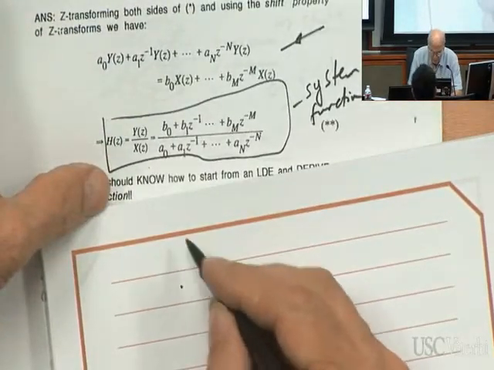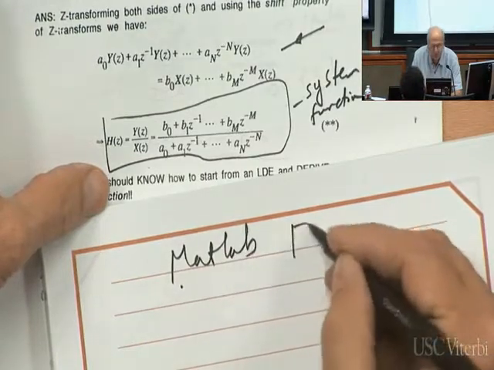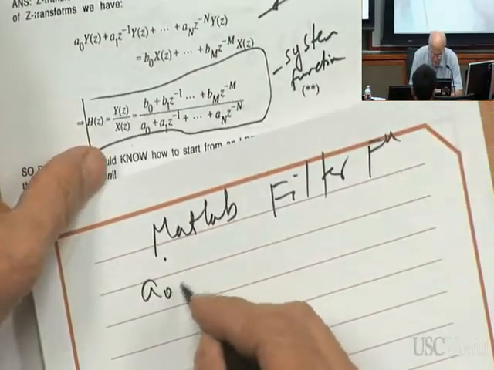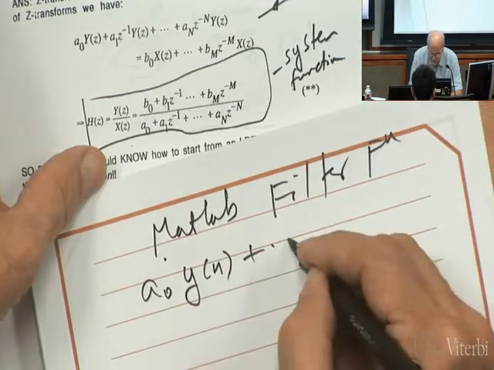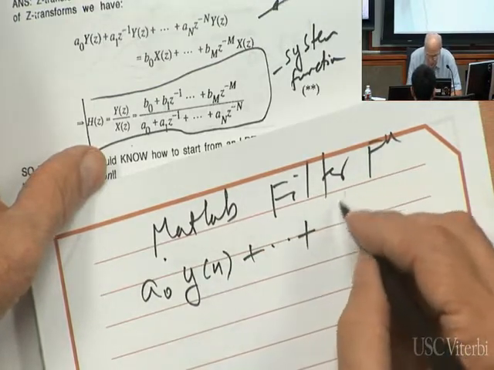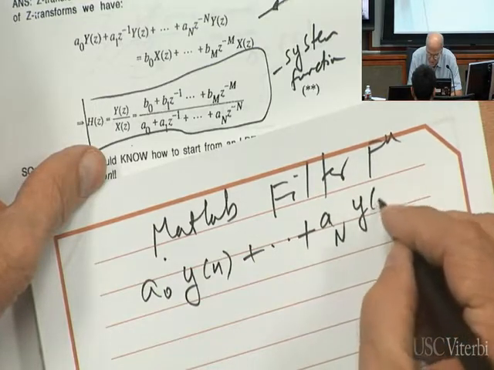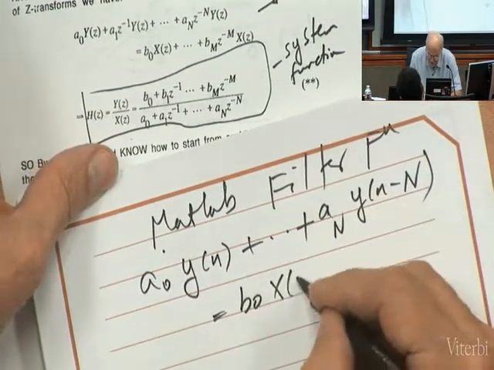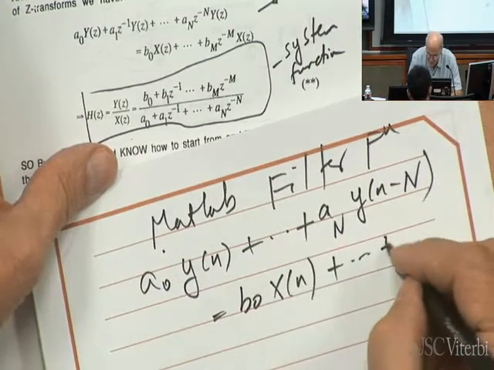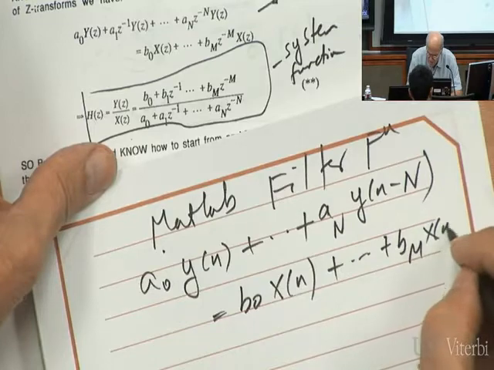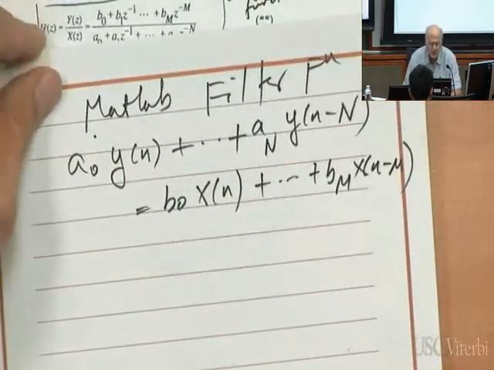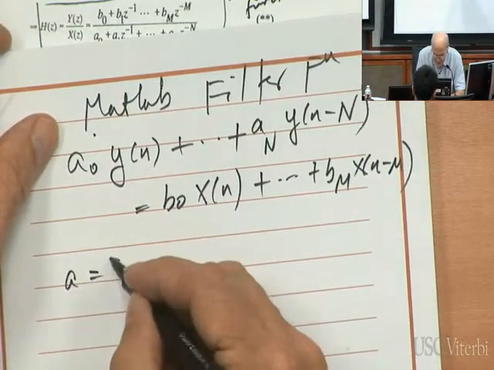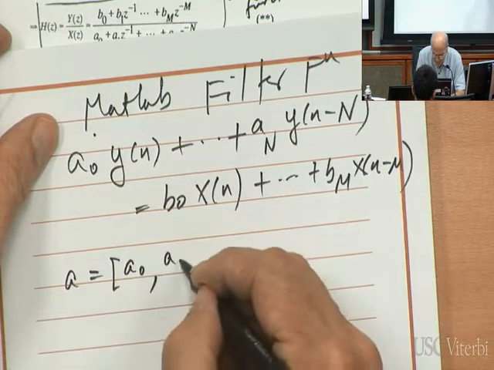So if you have a difference equation of the form a naught times y of n plus dot dot dot plus a sub n y of n minus n equals b naught, plus b sub m times x of n minus m, once you get your filter difference equation into this general form, then to use the filter function for any input sequence x, you define the a vector like so, a naught, a1.